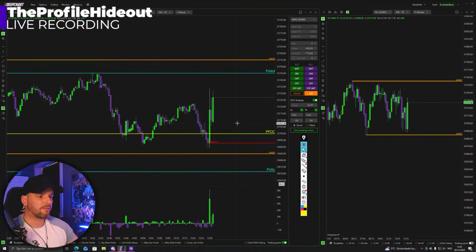So as of yet, very lackluster open. I was expecting for it to immediately look for that drawn liquidity on the top side, on the bottom here.